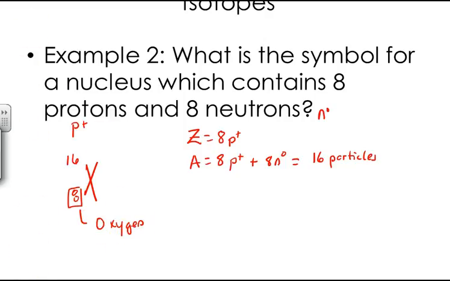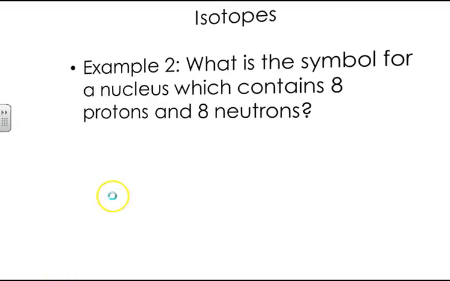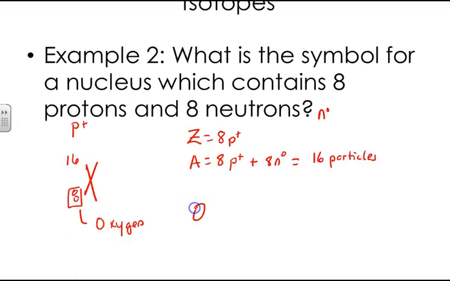And if we went to the previous slide, the atomic number 19 is potassium. So this would be K, potassium 39, an atomic number of 19. And this one would be oxygen 16, which is the most common form of oxygen, O16 over 8.